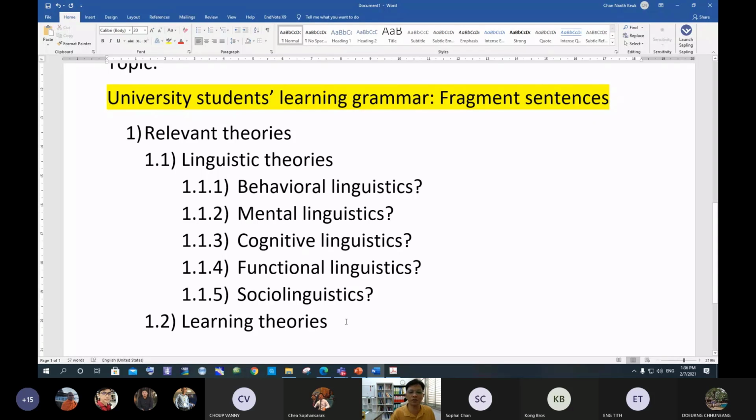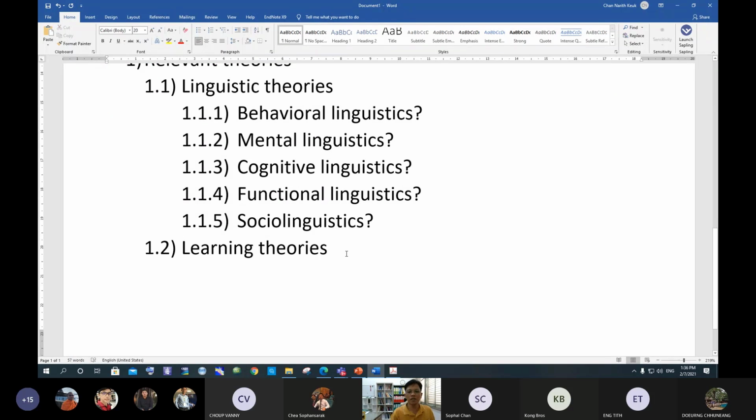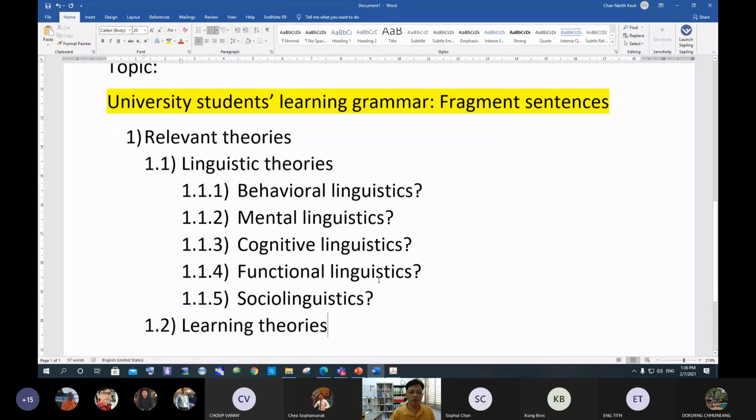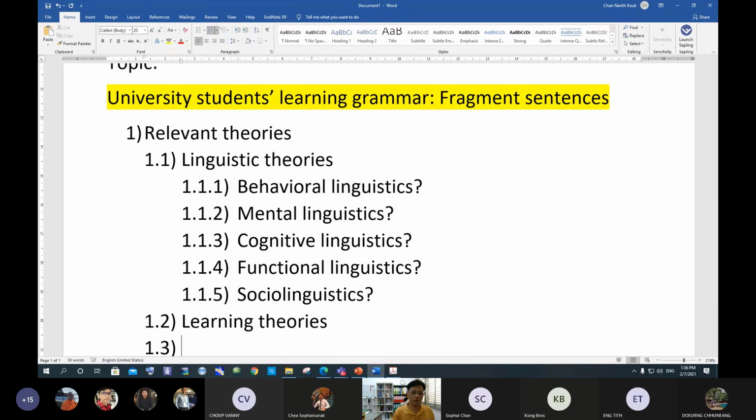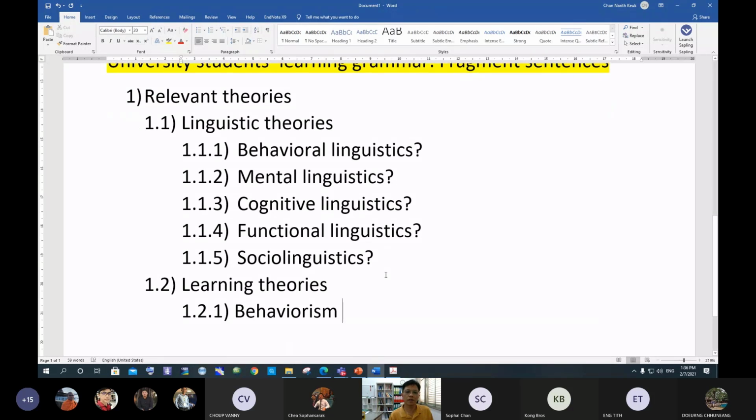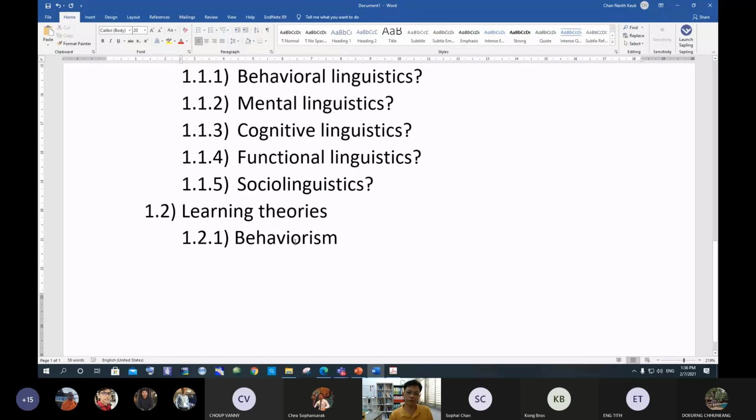But I just want to highlight all the relevant theory. Now, we have 1.2.1 behaviorism.